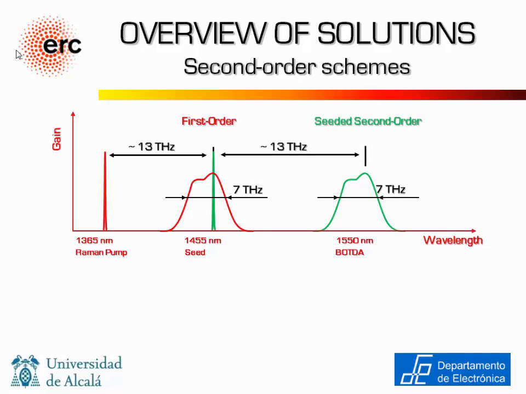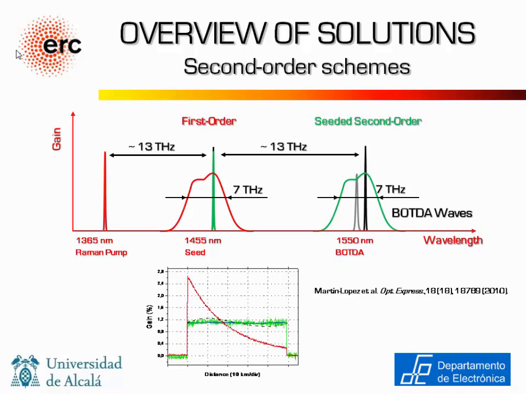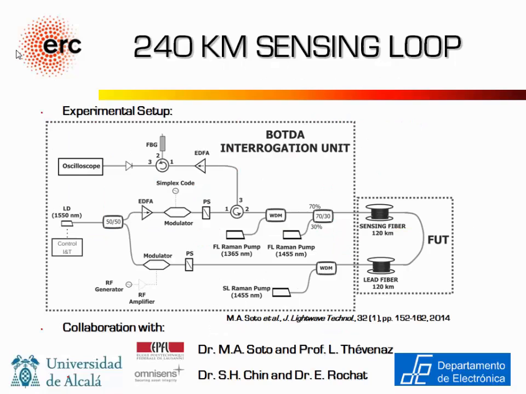And this 1455 pump is transferring power quite homogeneously to our B-OTDA signal. In this way, you can achieve a really flat, as you see that green trace is very homogeneous, power transfer to the probe wave.